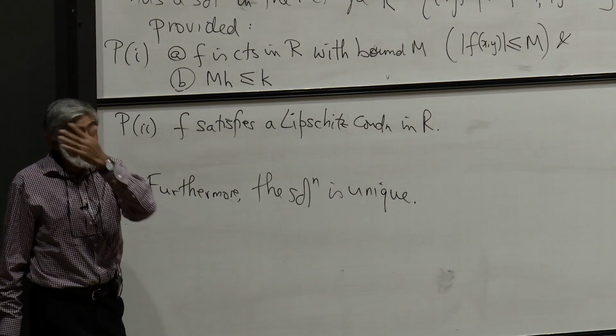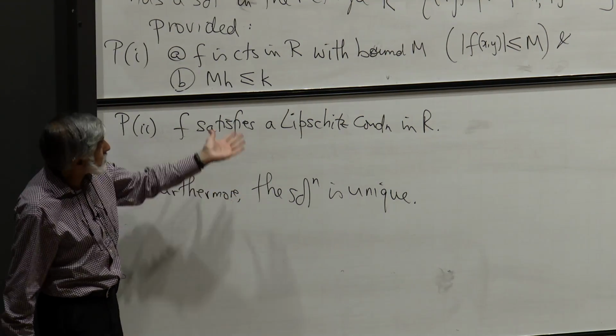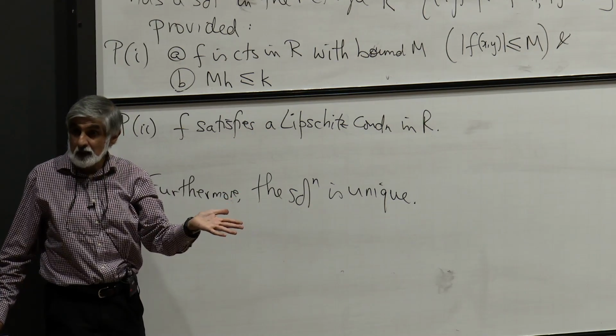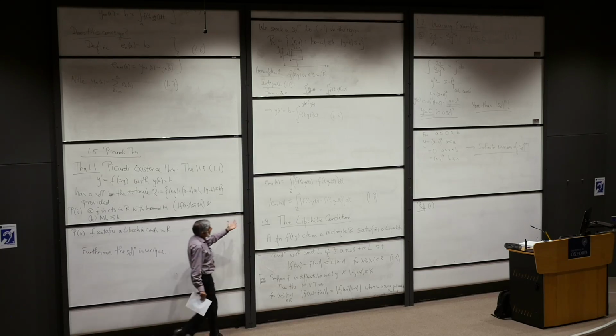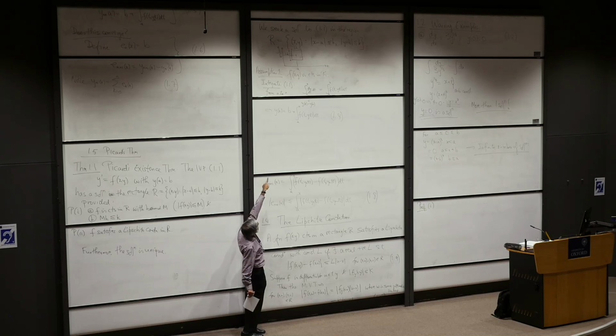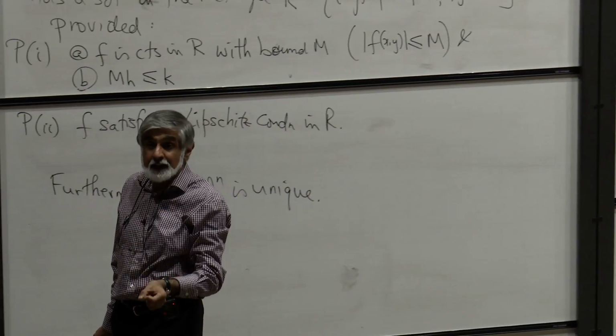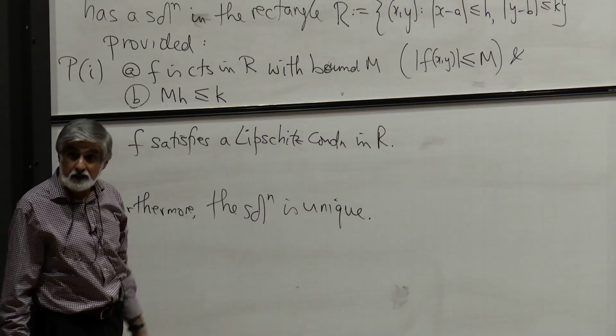Now we can make x lie in R. We can just make mod x minus a be less than h. But then y is given by that integral. How do we know that lies in R? If it doesn't lie in R, we're stuffed.